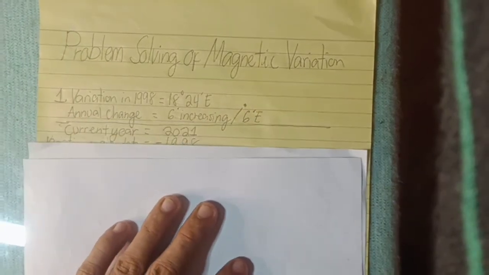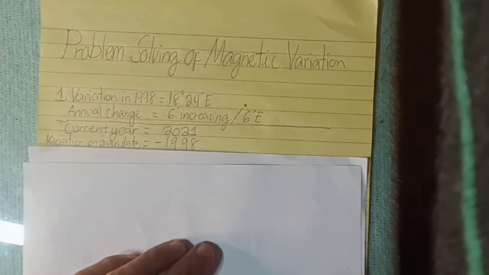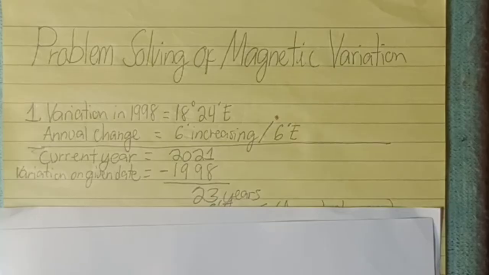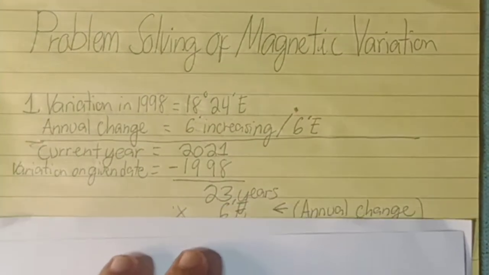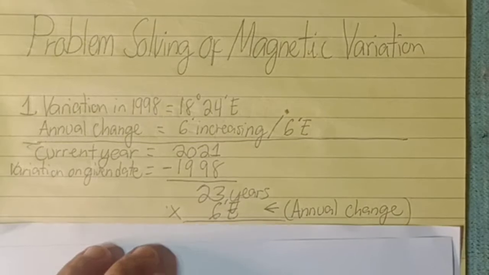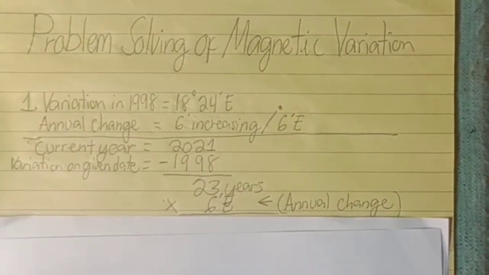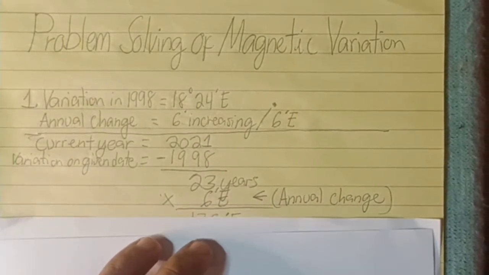Our current year in this example is 2021, so we subtract the given year 1998. 2021 minus 1998 is equal to 23. After that we multiply it by the annual change, which is 6 minutes east. 23 times 6 is 138 minutes east.